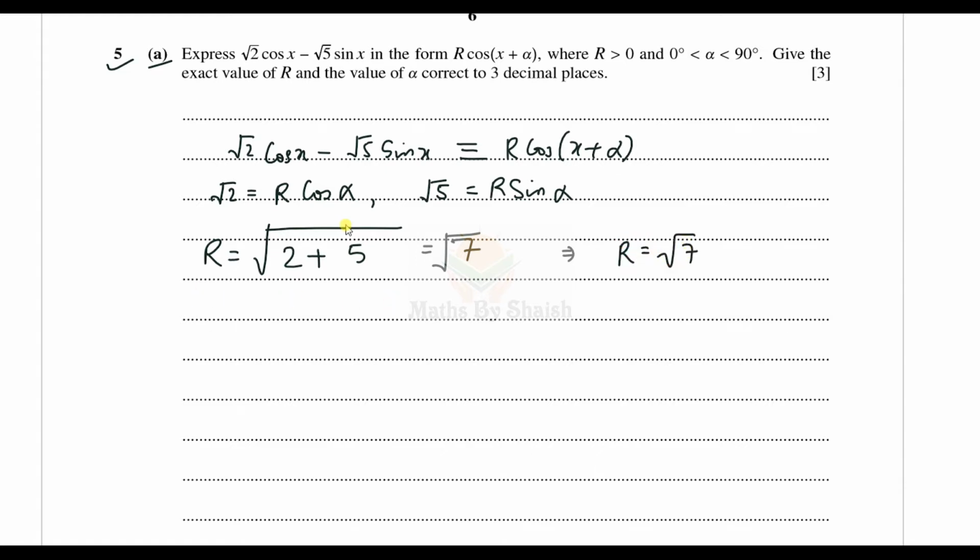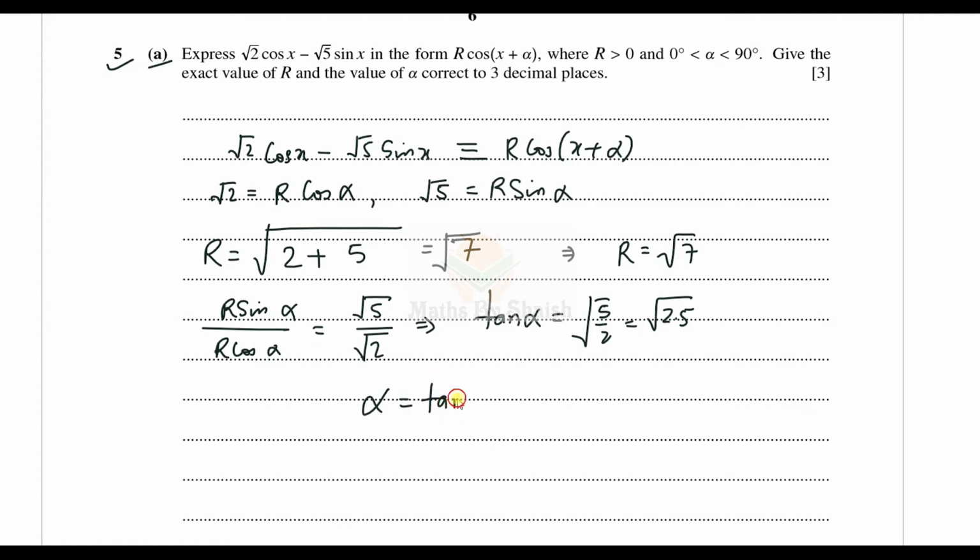If we divide the two equations, we get r sin alpha over r cos alpha equal to root 5 over root 2, that is tan alpha equal to root 5 by 2, which we can write as root 2.5, and from here alpha is tangent inverse of root 2.5.